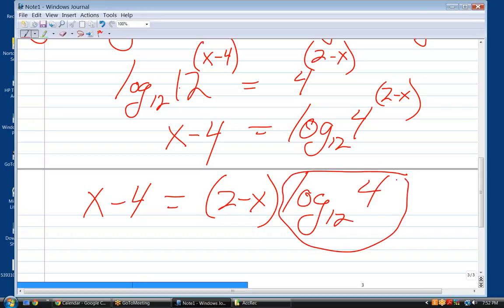Because that's not a number you can get directly out of your calculator. Your calculator only has 2 keys on it, base 10 and natural log, base e. So when you run into an expression like this, you have to use the change of base formula, which is that this is equal to the log of 4 over the log of 12. Gotcha. Yeah, we talked about that.